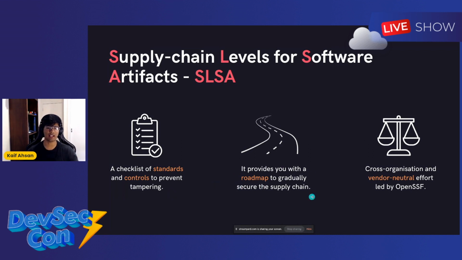It actually is like a roadmap that people can gradually use to secure their supply chain. And the best part is probably it's vendor neutral, and it's an industry collaborative framework that is led by the OpenSSF Foundation, which is backed by huge organizations like Google, Microsoft, Atlassian, and many others.